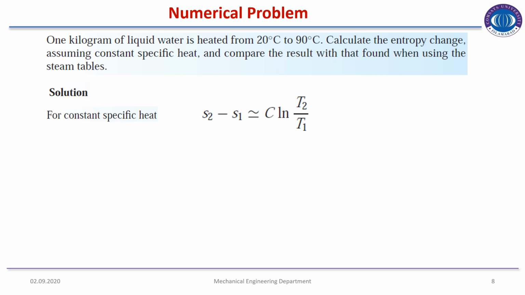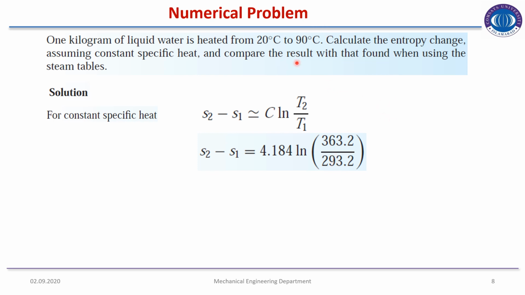As the working fluid is liquid water, it is incompressible and has only one specific heat value. Therefore, S2 minus S1 is equal to C natural log T2 over T1. So the change of entropy is equal to C, the value of C is 4.184, times natural log T2 over T1.